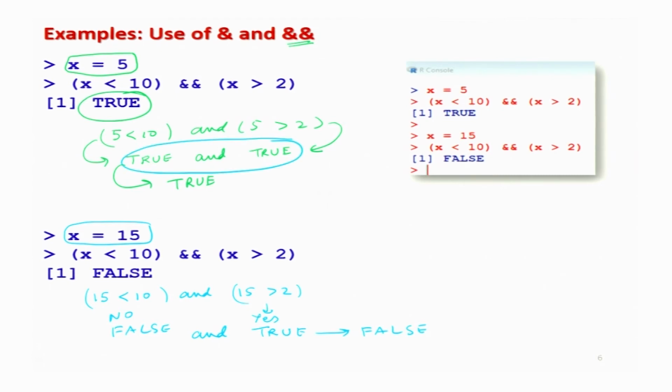In this case, even if the second condition is also false, that means both outcomes are false and false, even in that case this will give you the answer false. Some of you might recall that there is a concept of truth table, and that table gives you these types of outcomes, whether true and true is true or true and false is false. I will discuss it later on, but first I want to explain what is happening.